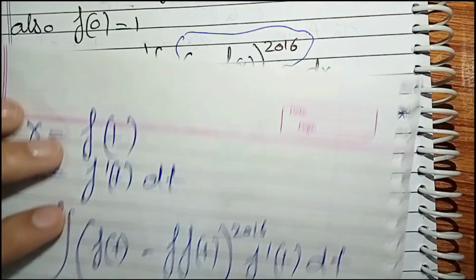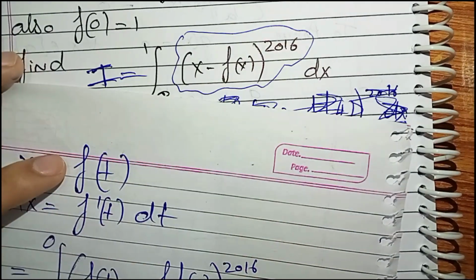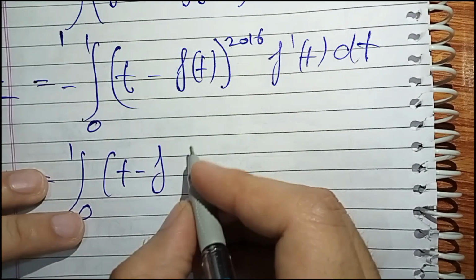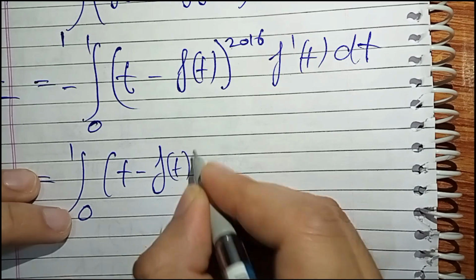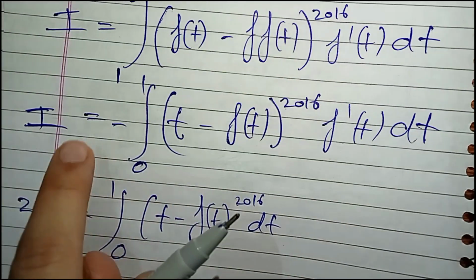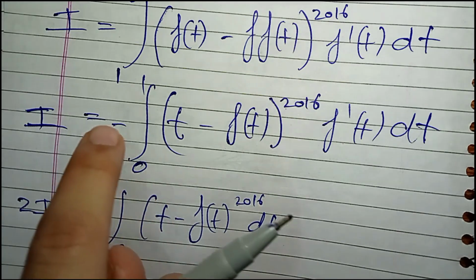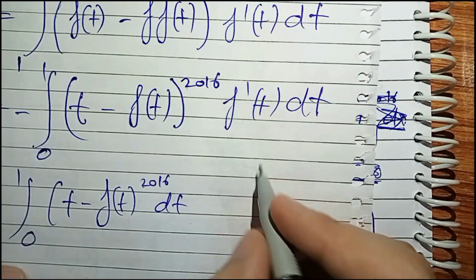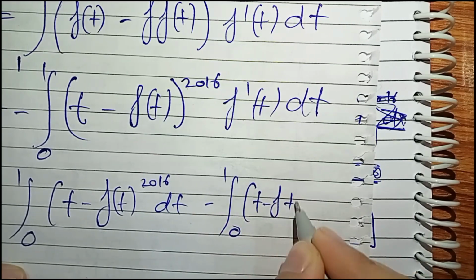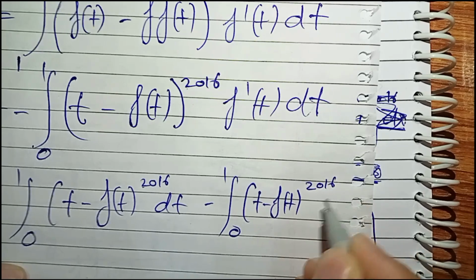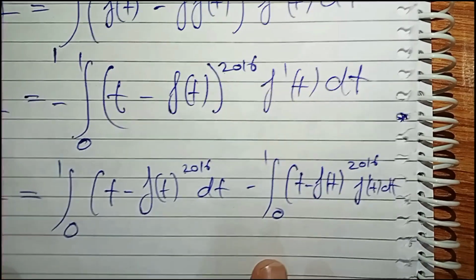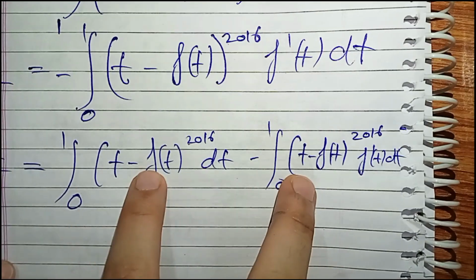So I have x minus f x, so this dt, and adding the original I to this I, I would have minus the integral 0 to 1 of t minus f t to the power 2016 times f dash t dt. And you see I can take these things common.